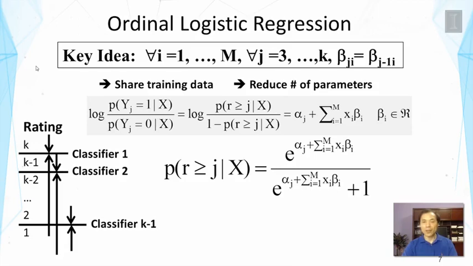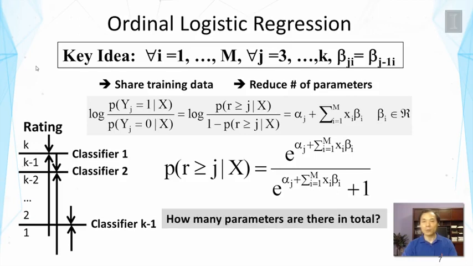However, each classifier still has a distinct alpha value, the alpha parameter. The intercept is different, and this is of course needed to predict the different levels of ratings. So alpha sub j is still different. It depends on j. Different j has a different alpha, but the rest of the parameters, the betas, are the same. So now you can also ask the question, how many parameters do we have now?